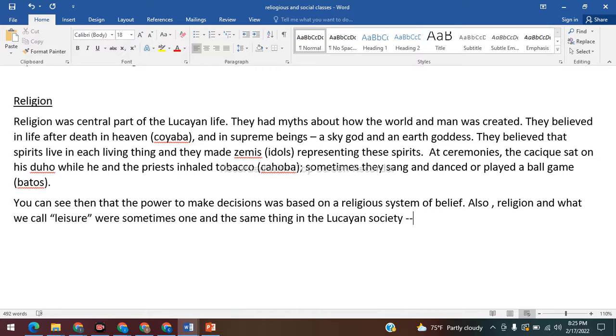So did they know about the real God? That's a good question. Doubt it. I wouldn't say that. Eventually they would, because remember, by the time Christopher Columbus came on the scene, they tried to convert them to Christianity.